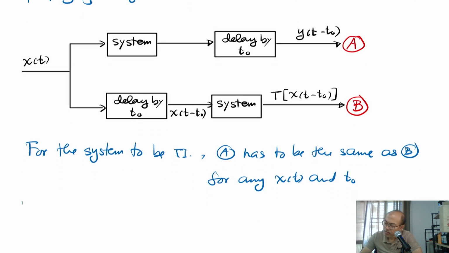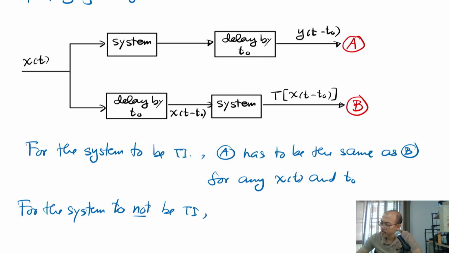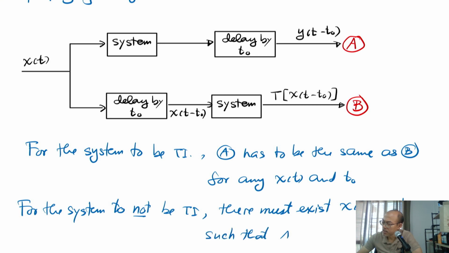Now for the system to not be time invariant, there must exist a signal x(t) or t0 such that A is not equal to B.